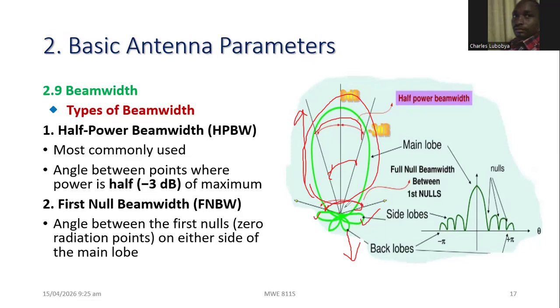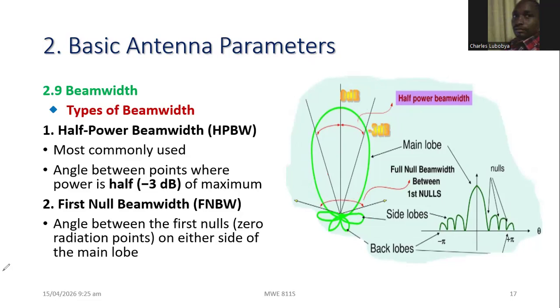That angle there becomes essentially the first null beam width. So let's do an example to illustrate how you can calculate this. Remember, we have given the formula for beam width as theta equals 70 multiplied by the wavelength divided by the diameter of these lobes.